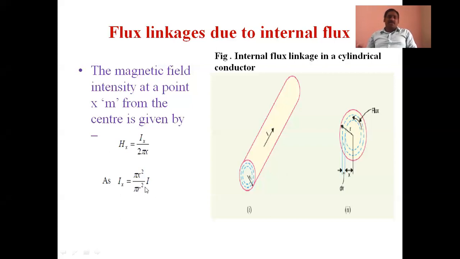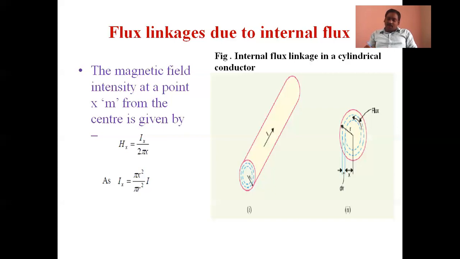If we substitute this Ix value in Hx, what happens? Hx is Ix by 2 pi x, that is pi x square by pi r square into I by 2 pi x. Here, pi x square is in the numerator and pi is also in the denominator; in the numerator x square is there, in the denominator x is there.